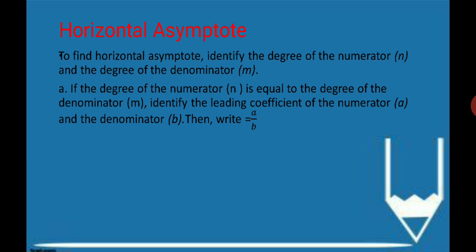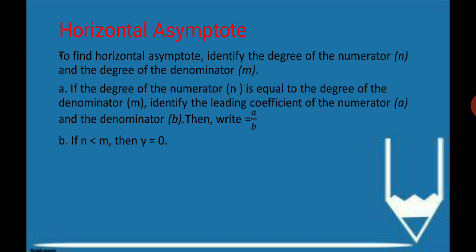This will serve as the a and b respectively. After identifying the leading coefficients of the two parts, we will write it in the form of a over b. Then simplify. And that is already the value of the horizontal asymptote.